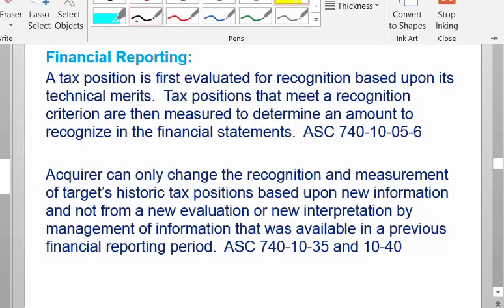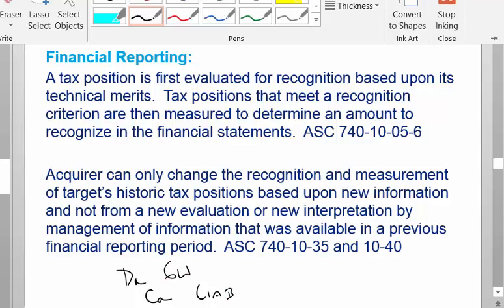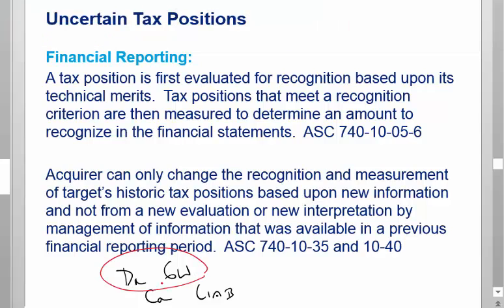And the reason a buyer would want to do that is because when you accrue a bunch of reserves on the opening balance sheet, you're going to accrue liabilities and debit goodwill. And so this is nice, right, that you get to debit goodwill to book up tax reserves. That's a lot better than if this was tax expense, just from the optics of the financial statements.